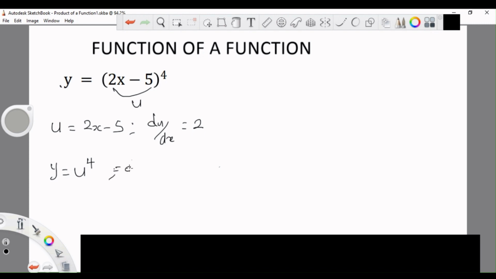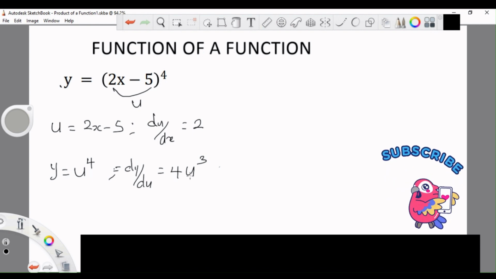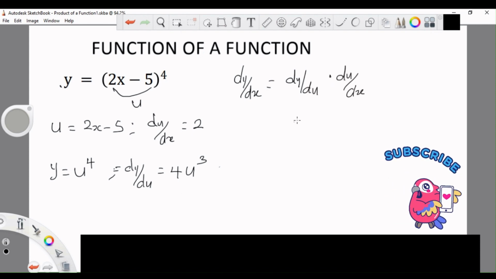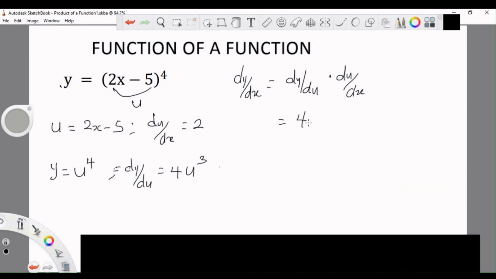Now, differentiate y with respect to u. That will give us 4, the power, times the function. So we have 4u. Then we minus 1 from the power, which is 4 minus 1, will give us what? 3. So when we differentiate y with respect to u, we have 4u to the power 3. So therefore, remember our formula is dy/dx equal to what? dy/du times du/dx. Our dy/du is 4u to the power 3 times du/dx is 2.